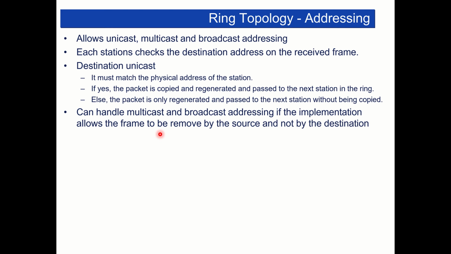Unlike the bus topology, the concept of the ring topology is that the packet is passed from one station to another, and if the station is the intended recipient, the packet will be copied by that particular station.